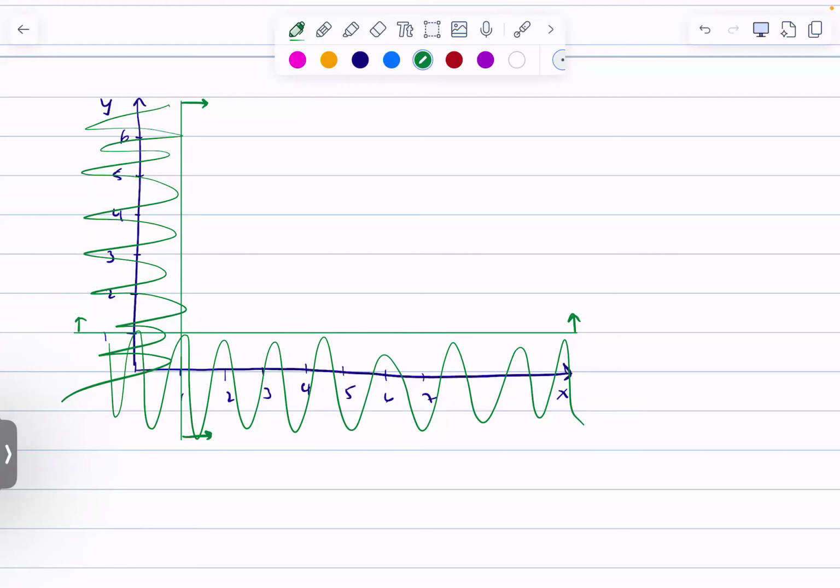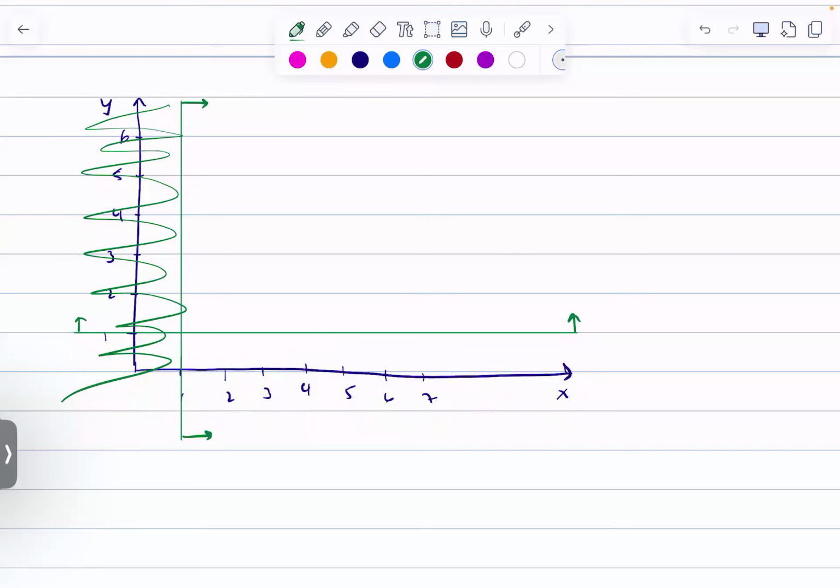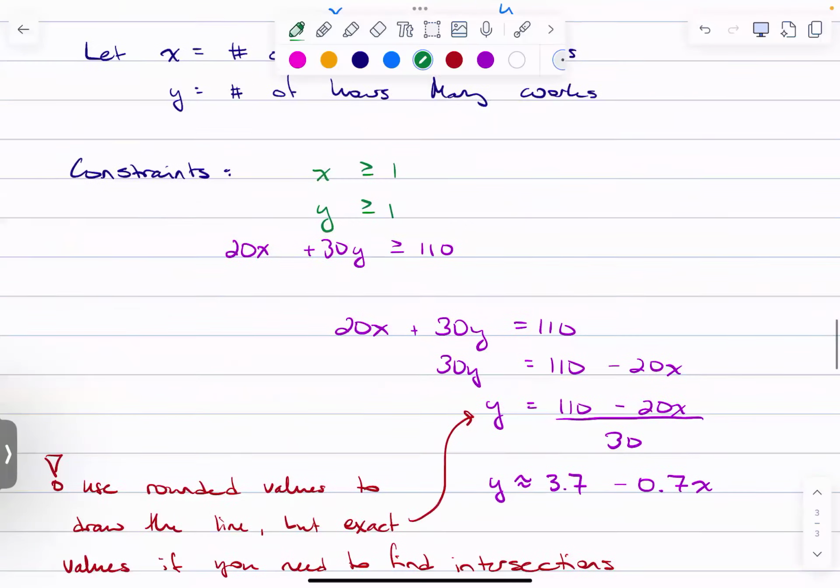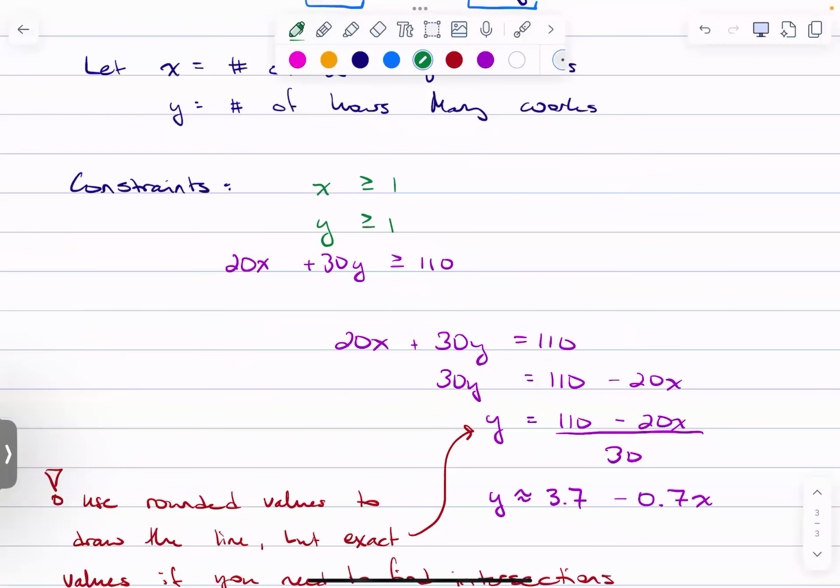Again, for some reason, I have a hard time getting into the groove of that. But whatever you need to do to figure out which areas you want to be in or you're constrained to is fine by me. I use these little arrows. It's a lot cleaner too.